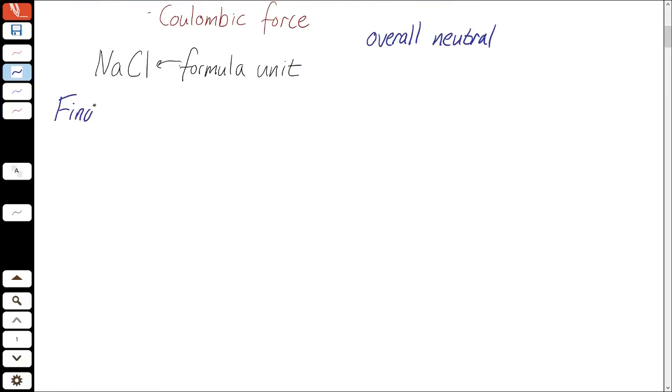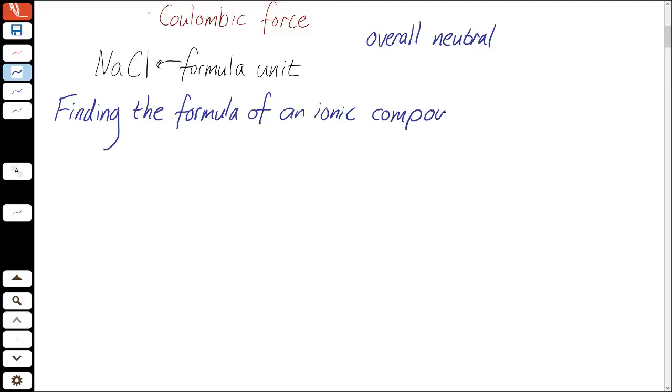So let's practice that. If we want to find the formula of an ionic compound, we first need the charges of the cation and the anion.